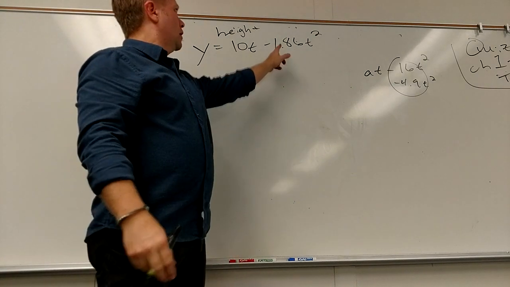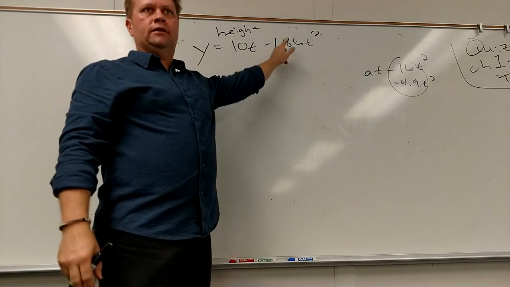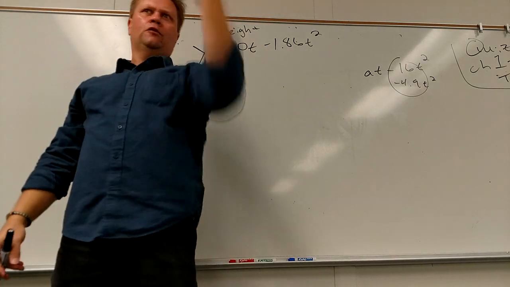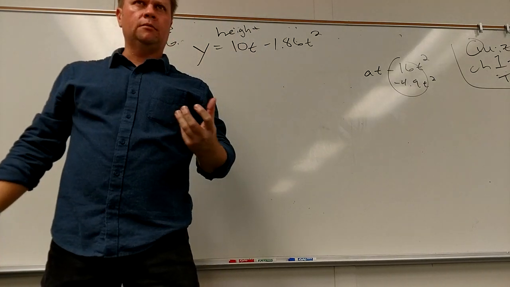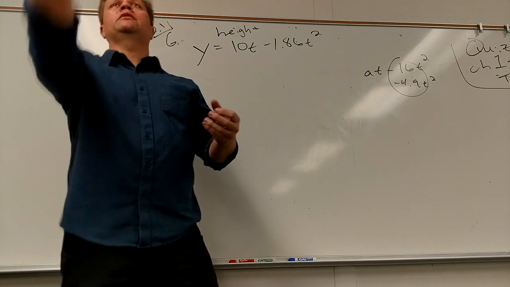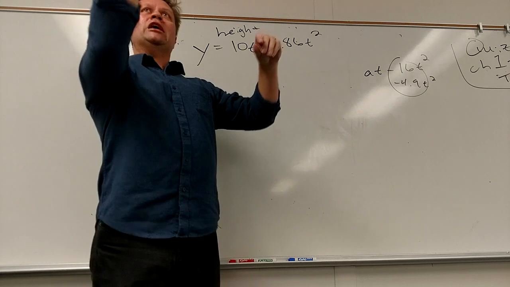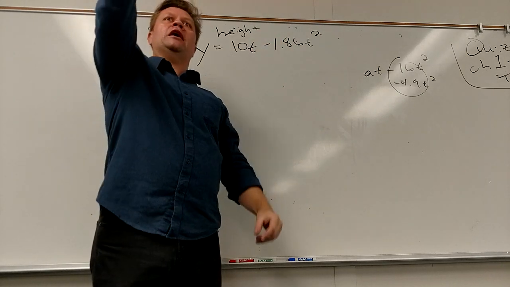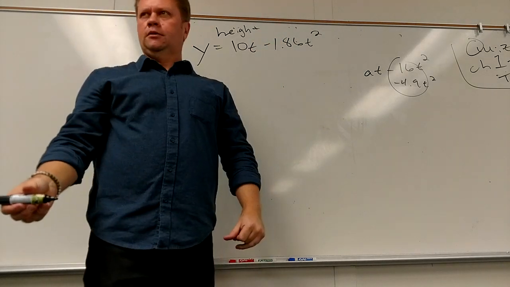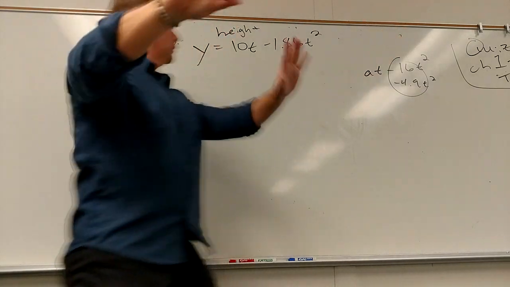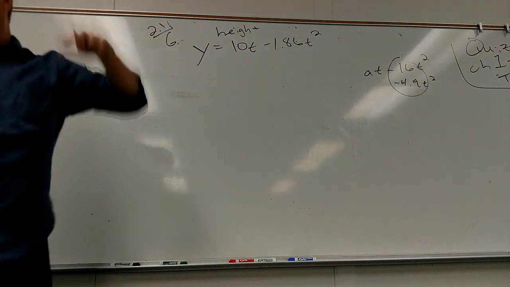On Mars, obviously, it's got less gravity, that's why that number is smaller. So it's going to pull you back with less force. If I threw something into the air, why is this a negative term? Because it's going to take away from the velocity. It's going to slow down and then drop back, as long as you don't go fast enough to escape the escape velocity. Anyway, more than you had to know for this.